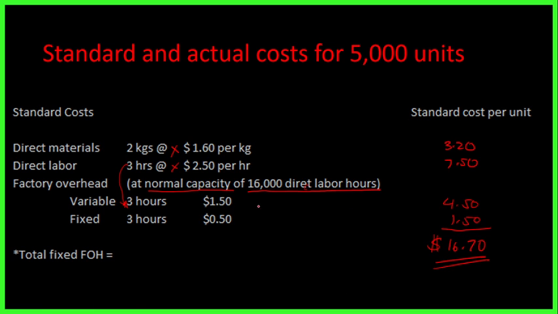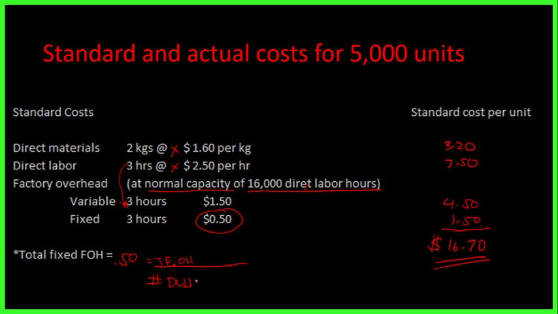Now normally we compute for this. Sometimes what is given to us, instead of the rate, is the total fixed overhead. So by working back, if this is actually 0.5, the rate is computed by dividing the total fixed overhead by the number of direct labor hours, your denominator hours.